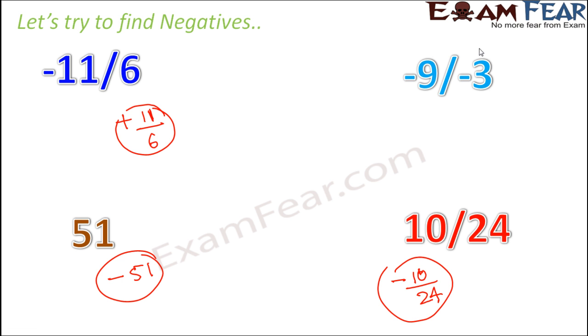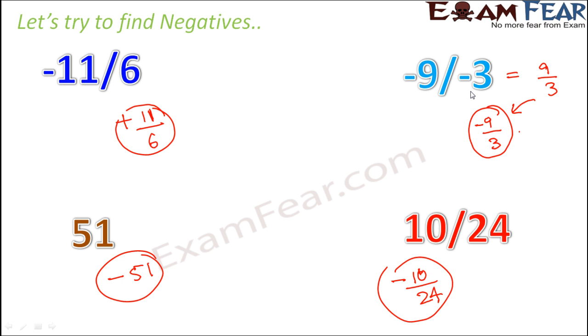Negative of minus 9 by minus 3. Now here you have something interesting. So here you have minus 9 by minus 3. Minus 9 by minus 3 is same as 9 by 3 because minus and minus would cancel out. So it is 9 by 3. So basically you have to find out the negative of 9 by 3, which would be minus 9 by 3. So this is the negative of this number.